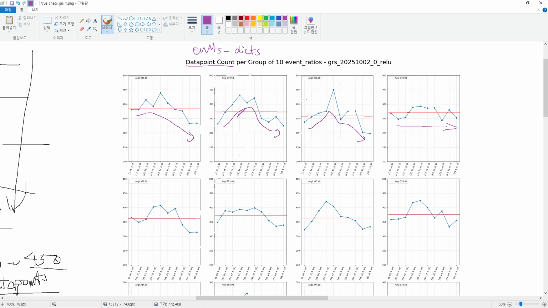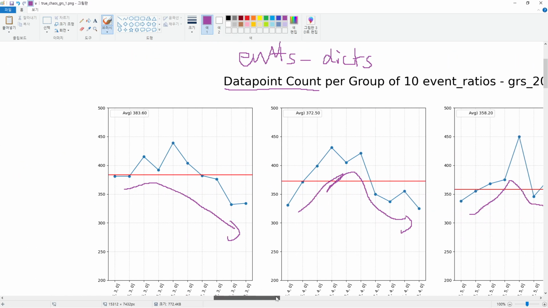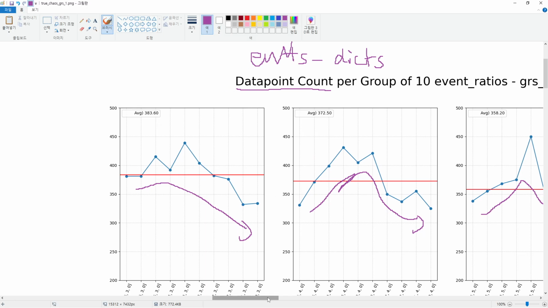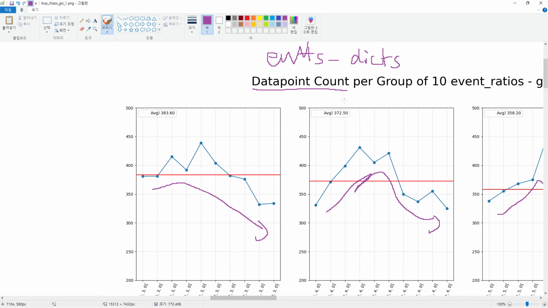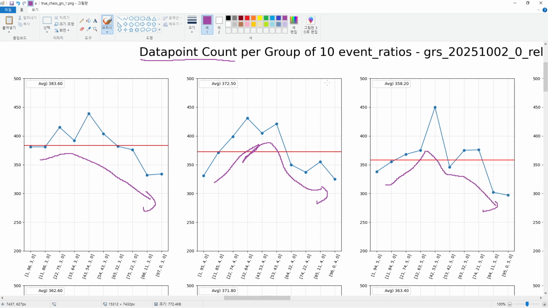But if we have a look at the average of each of these, well, the averages of these groups, each of which are 10, and where each group is made up of 10 event ratios.